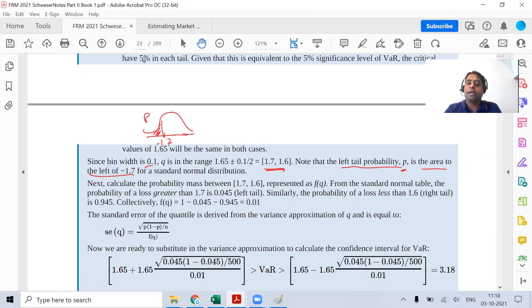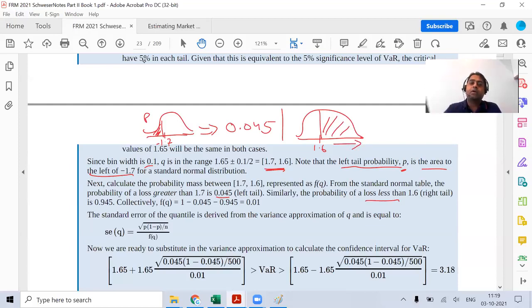So what you can do primarily is go to the standard normal distribution and find the area below negative 1.7. They have gone to that and found this number, 0.045. Simple. Now they went to the next side. They took the distribution, got 1.6, and found the area above this part, written as less than negative 1.6.